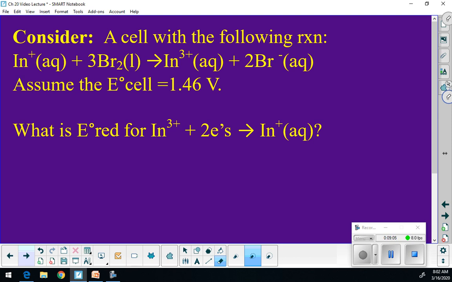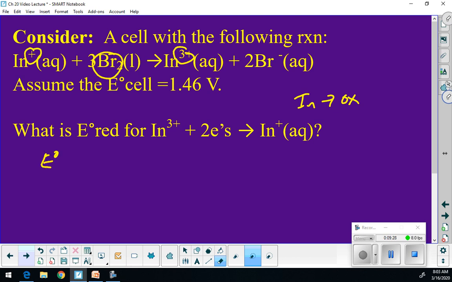Cool. Okay, so what would we do? First thing we have to figure out is what's oxidizing and what's reducing. I've got indium going from a +1 to a +3, so that would imply to me that my indium is oxidizing. And then what is reducing then? It better be my bromine. Okay, so what do we know?